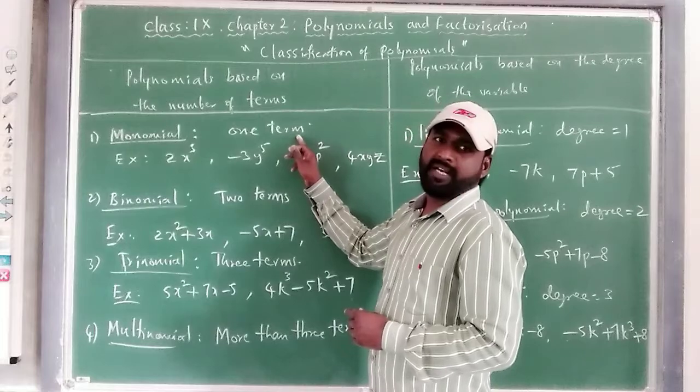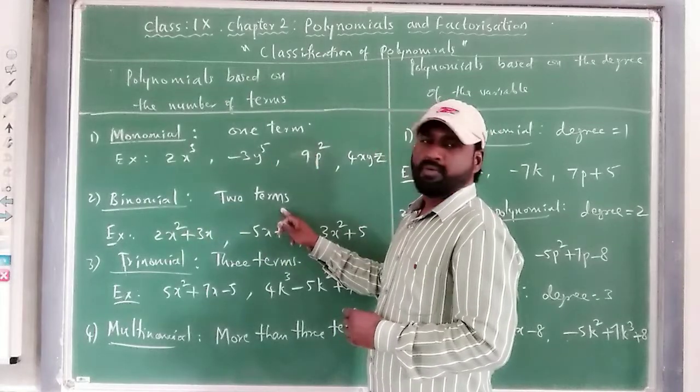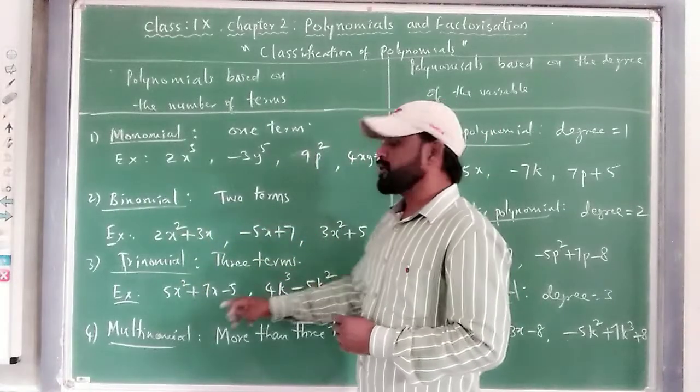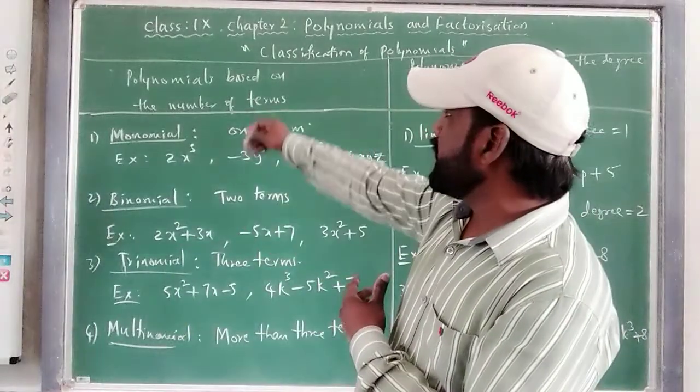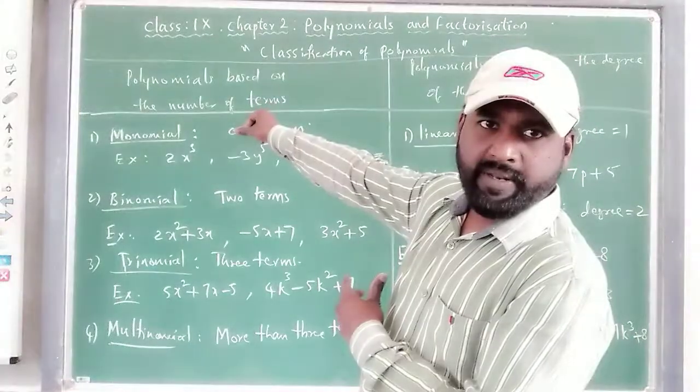Monomial, only single term. Binomial, 2 terms. Trinomial, 3 terms. Multinomial, more than 3 terms. This classification is based on the number of terms involved in it.